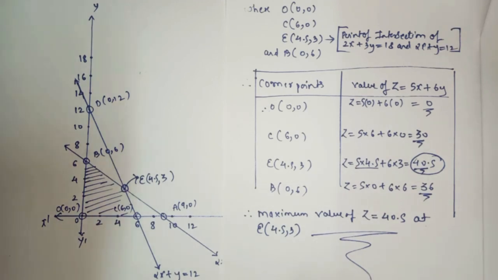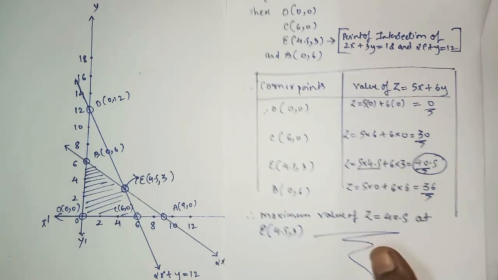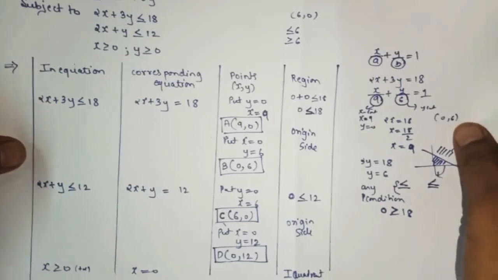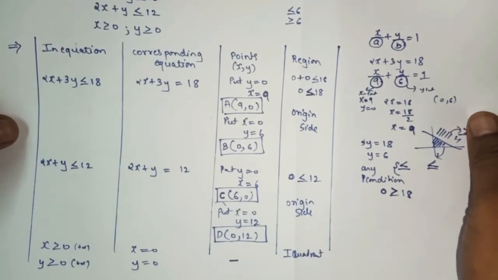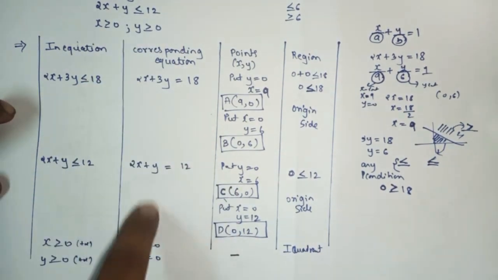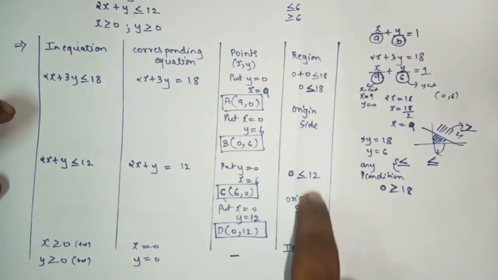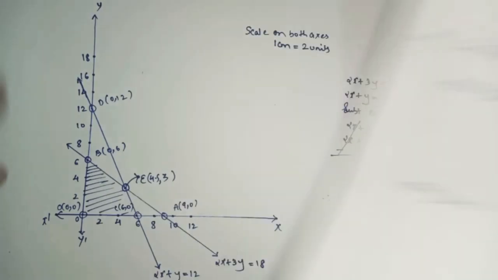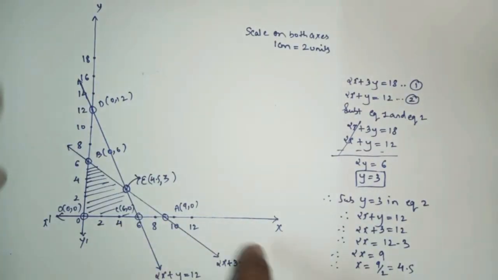So what were the steps? Once again we'll see. First you will draw the table: first the inequation, then the corresponding equation, then points, and then the region, then the graph.